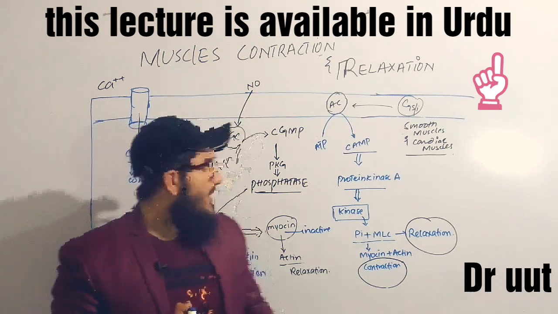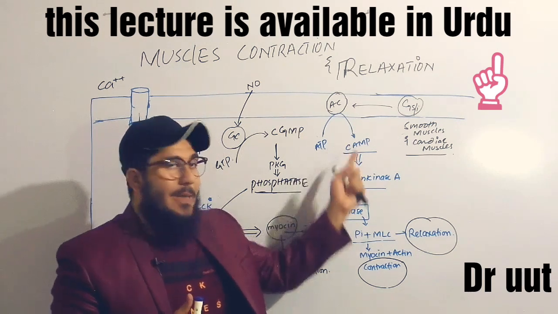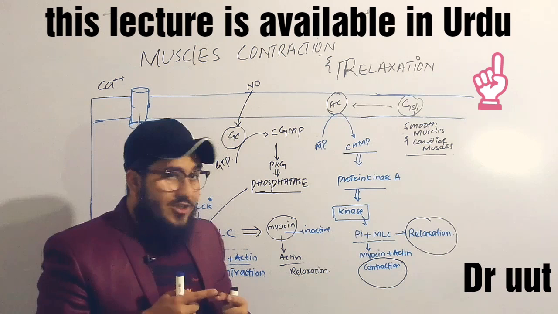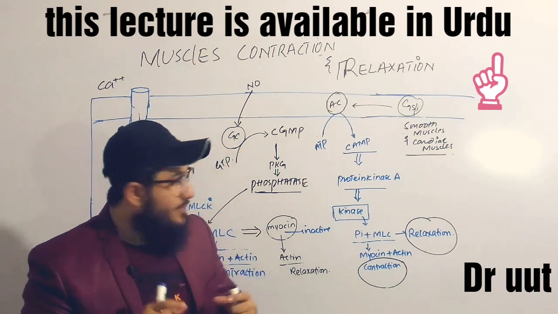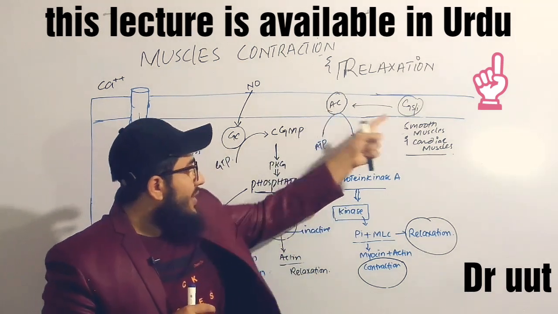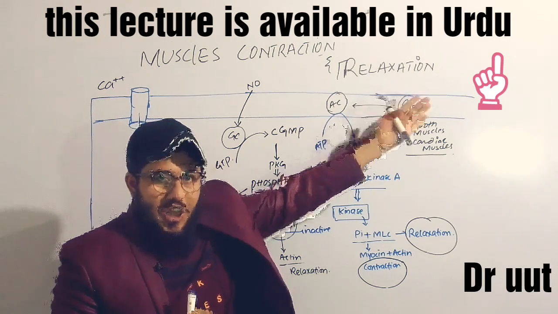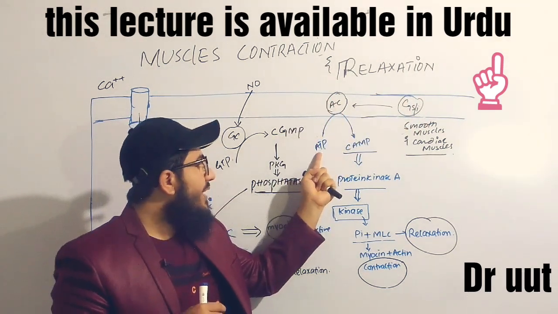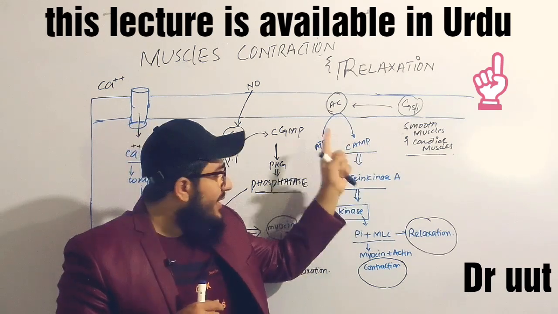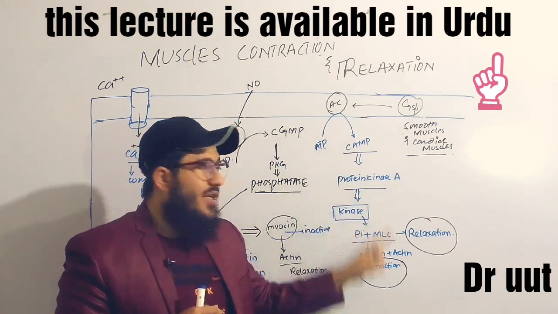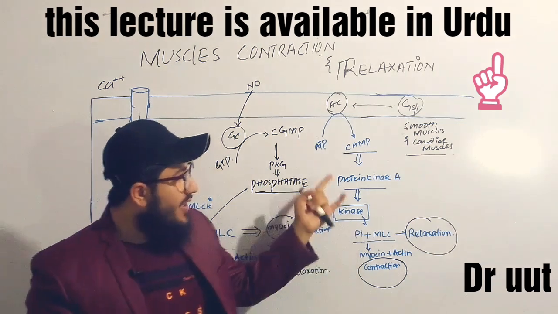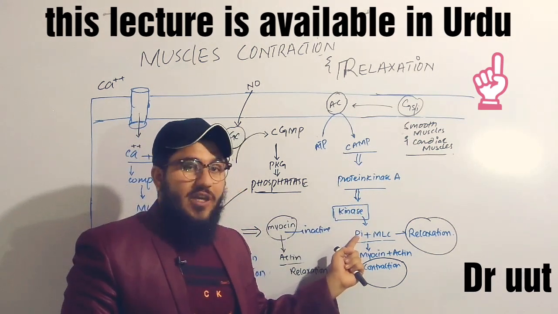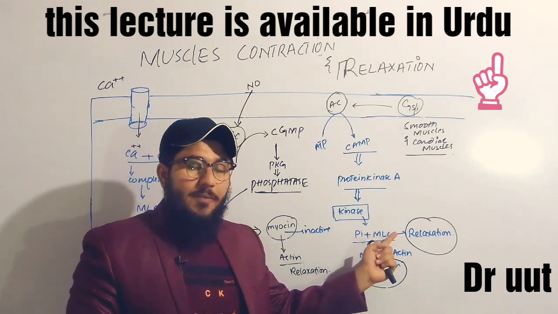Coming to the next one, cyclic AMP, its action on the smooth muscles. It has got a very interesting way of action. When by means of Gs or Gi, the adenylyl cyclase is stimulated, it is supposed to convert ATP to cyclic AMP. This cyclic AMP will stimulate protein kinase A, and protein kinase A's job is to add the phosphate to the myosin light chain.